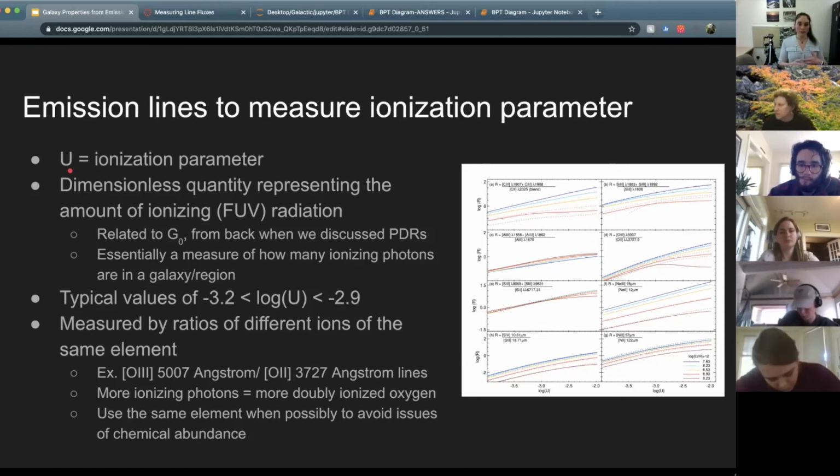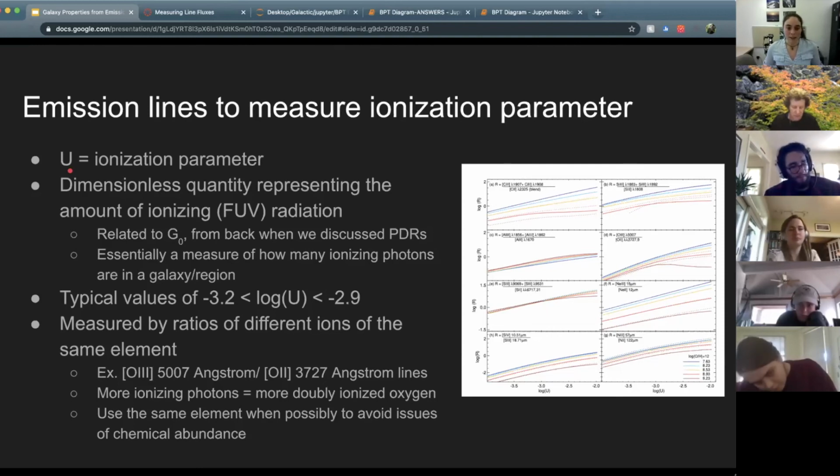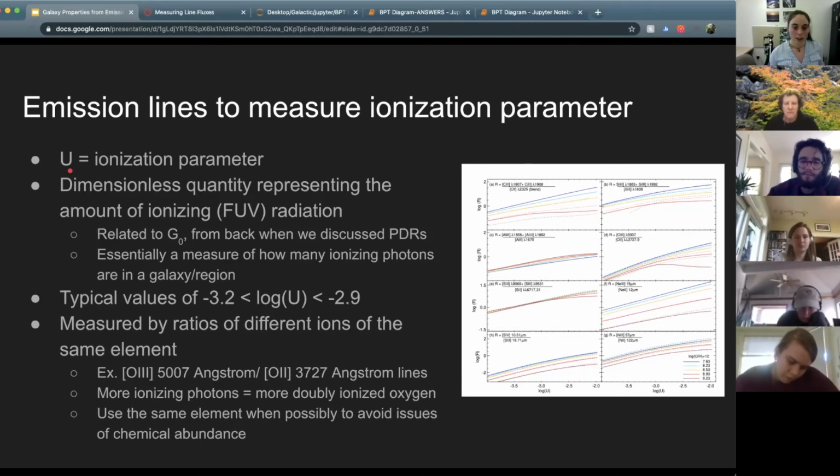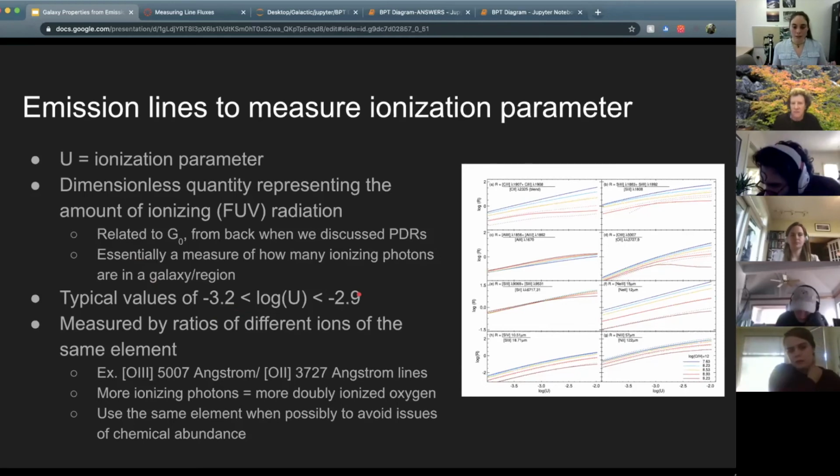So you compare the amount of ionizing radiation around the sun to what you're measuring in a galaxy to get this dimensionless quantity, which is used to find the number of ionizing photons in a galaxy. Typical values of U range from -3.2 to -2.9 when we're looking in log space, and that's typically how this is shown.